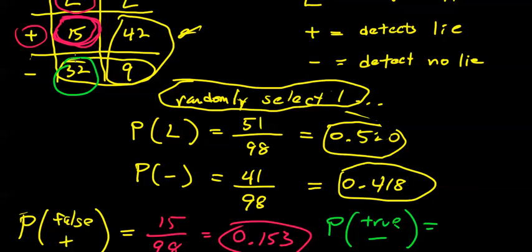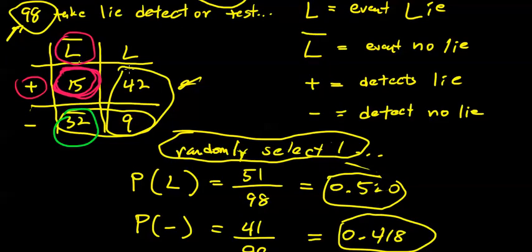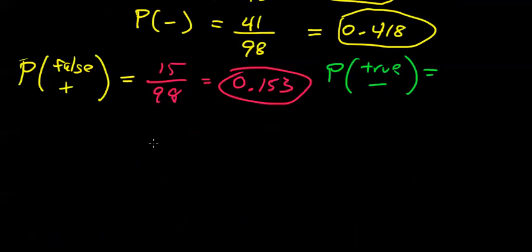In this cell, you in fact did not lie, and the machine said you did not lie, so that would be 32 people out of 98, which decimalizes to 0.326.